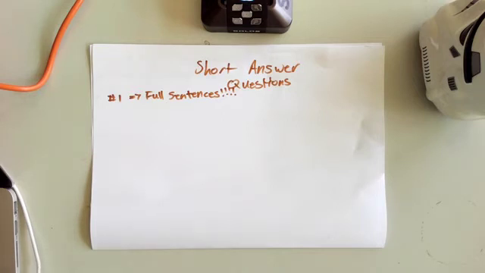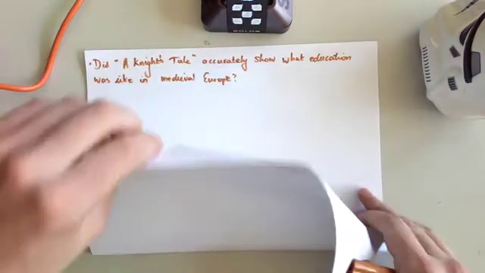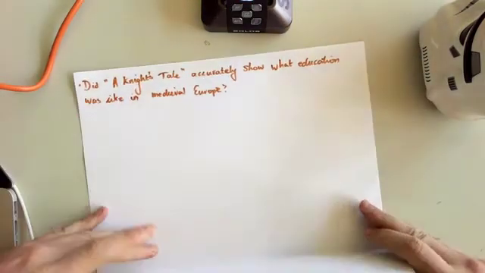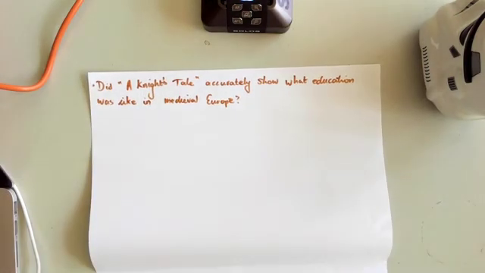Now, what you're likely to do, you're likely to get a question kind of like this one. Did A Knight's Tale accurately show what education was like in medieval Europe?